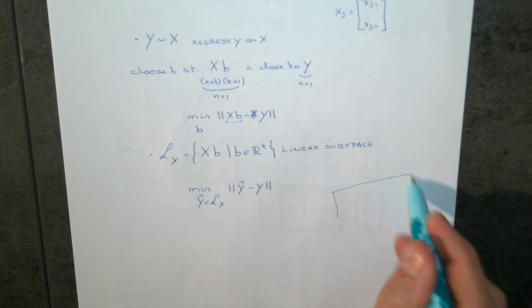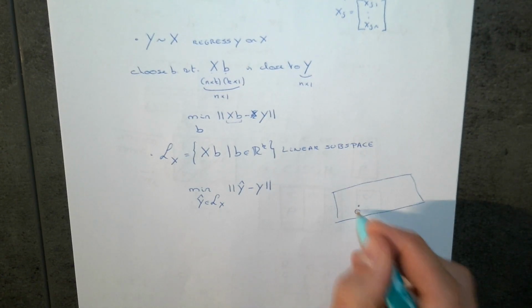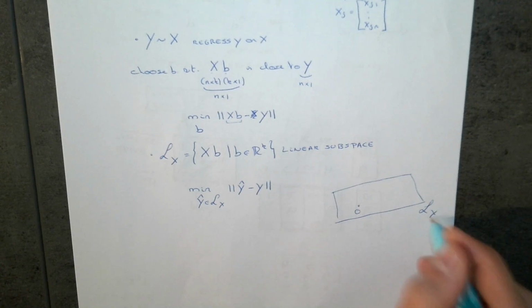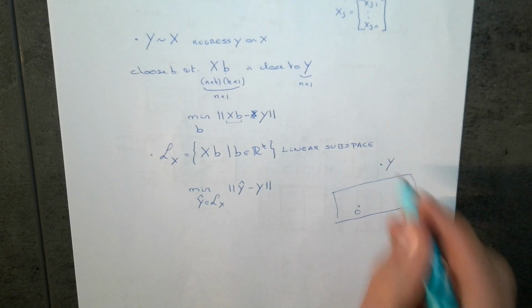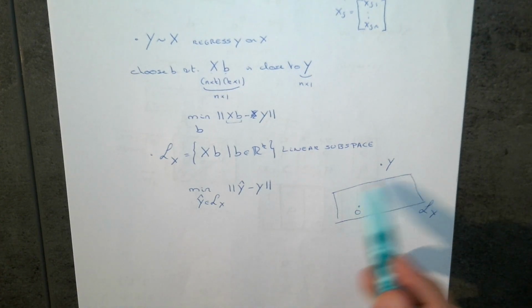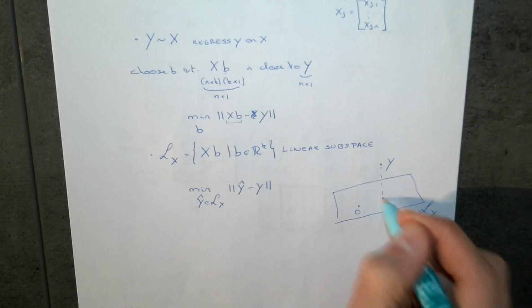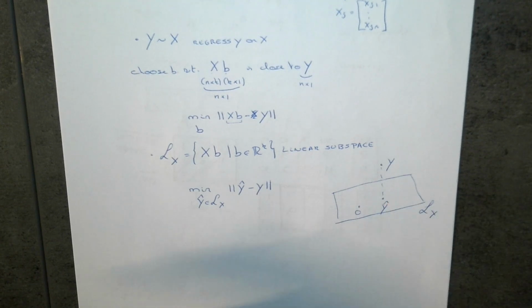Well, if we have a linear subspace, for example here is the vector 0, you have the linear subspace Lx, you have the vector y, which might not be in this linear subspace. Finding the element in the linear subspace that's as close as possible to y, for example, is going to be here, the y hat.